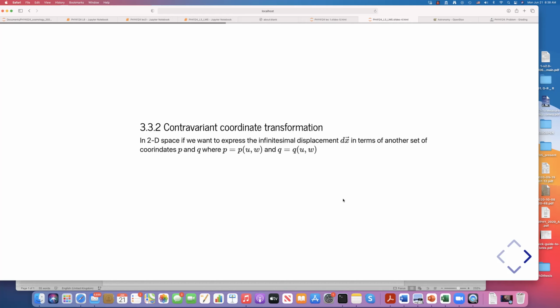Let me take those new coordinates as p and q. Both p and q are functions of the previous coordinates u and w, so there is a connection between u and w and p and q. If that is the case, you can write a differential, dp, as the partial of p over the partial of u, du, plus the partial of p over the partial of w, dw. I guess you know about these equations, right? This is how you can write dp and dq if both p and q are functions of u and w, right?